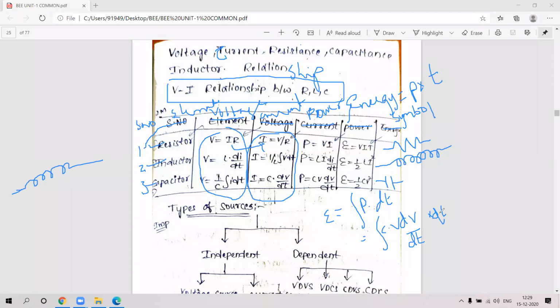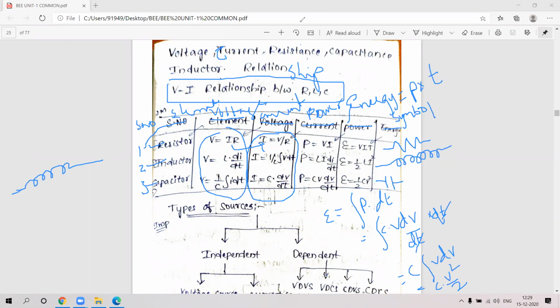Is there any cancellation? dt and dt cancelled, and C is constant, I am taking C outside. Integral V dV is V square by 2. That is half CV square. Half CV square is the energy stored in capacitor. This is the value which is going to be stored.